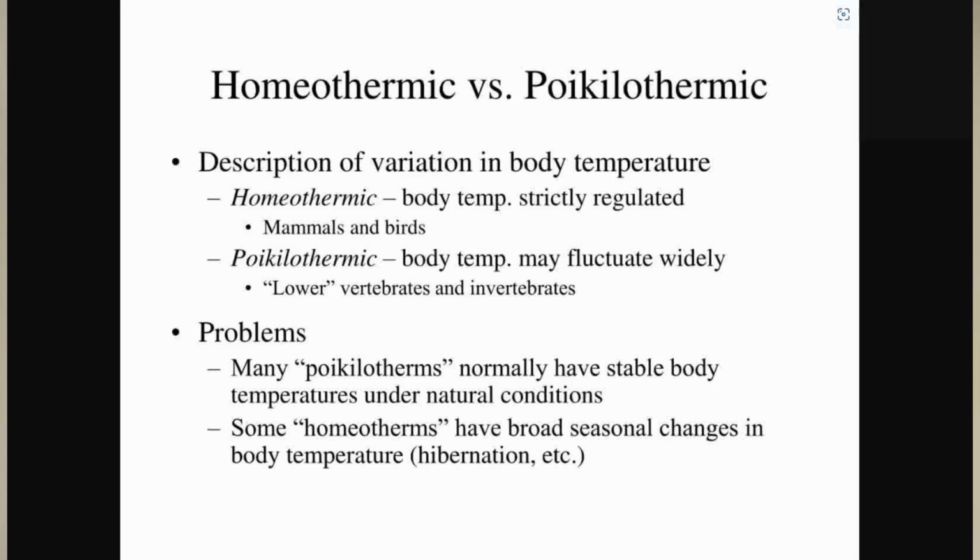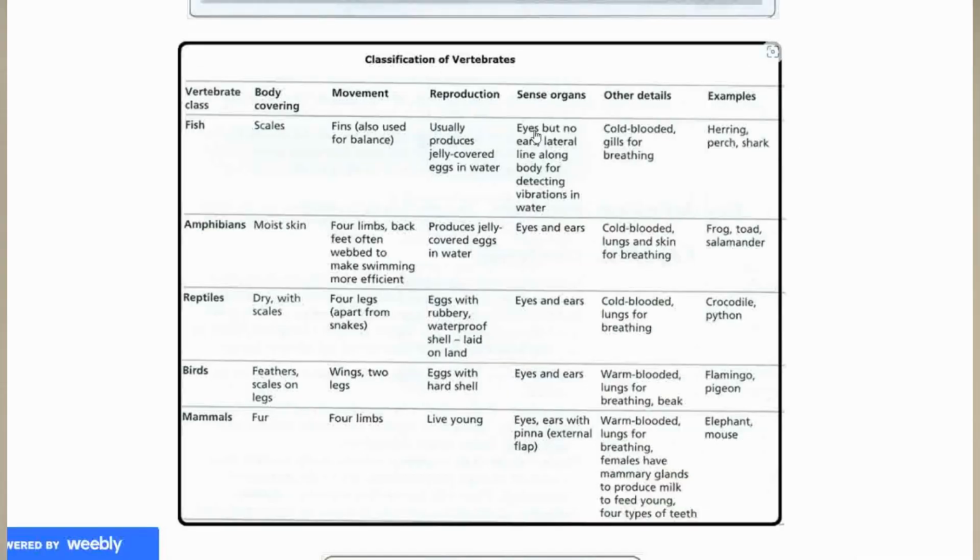Now, there is a general description or classification for these vertebrates and their unique characteristics. If you consider the fishes, their entire body is covered with scales. For amphibians, their body is soft.